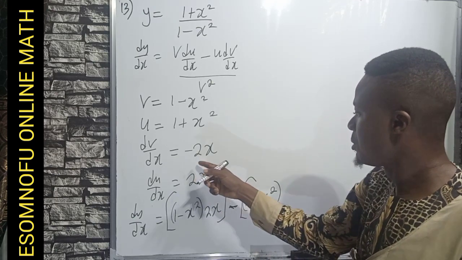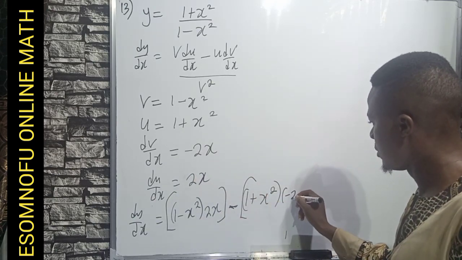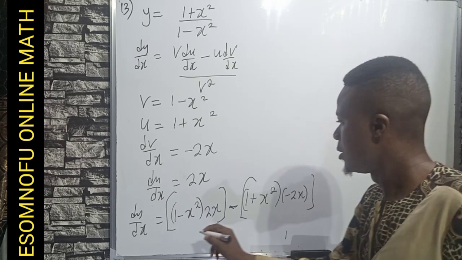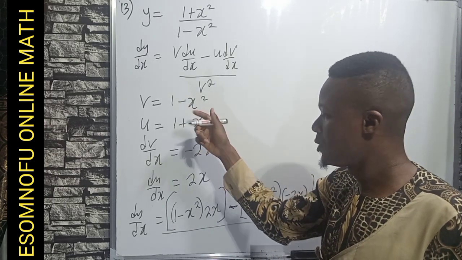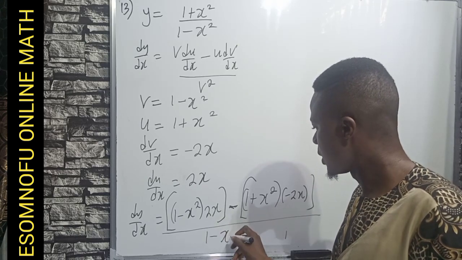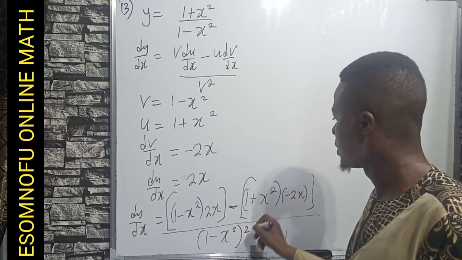Our dv dx is minus 2x, so you have into minus 2x all over v squared. Remember, our v is 1 minus x squared, so you have 1 minus x squared all squared.